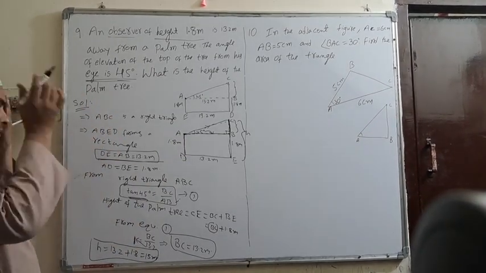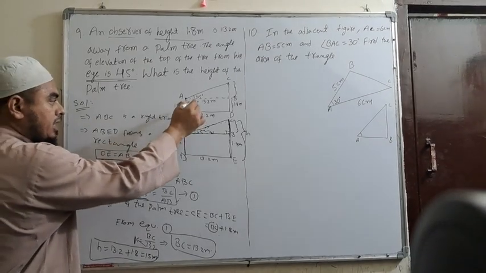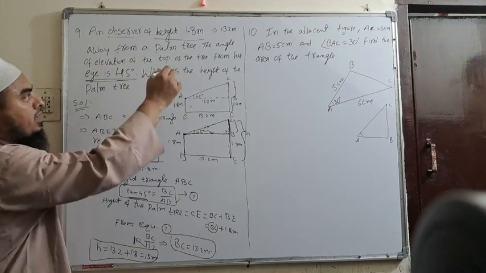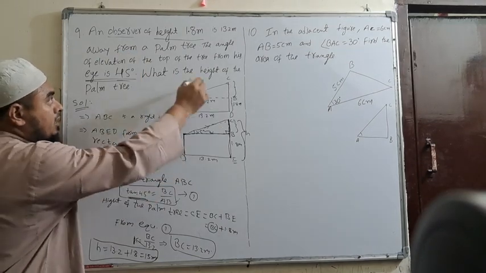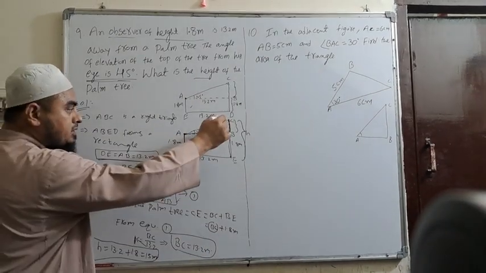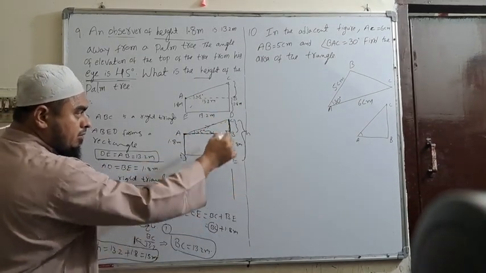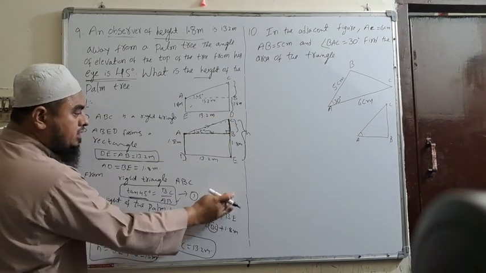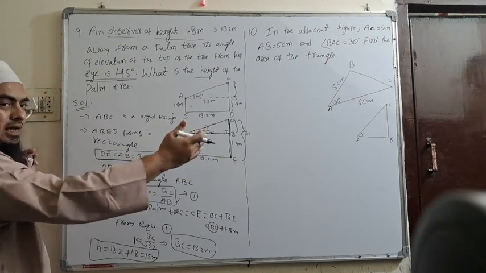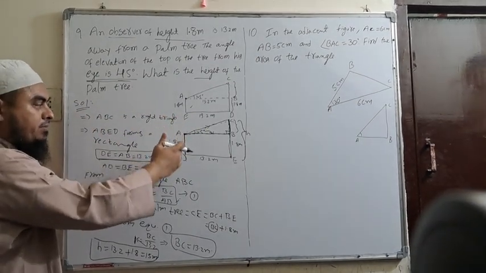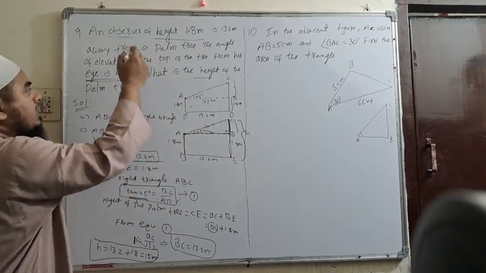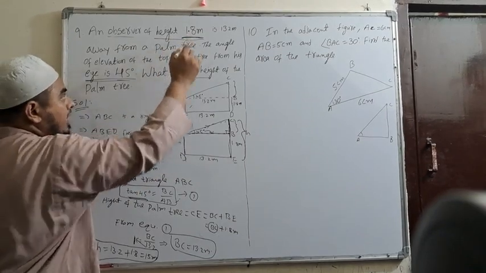Again I'll explain once more. You can see the diagram on the screen we are watching. First, what they are asking is to find the height of the palm tree, that is CE. CE is the height of the palm tree. The person who is standing opposite to the palm tree has a height that is already given, 1.8 meters.